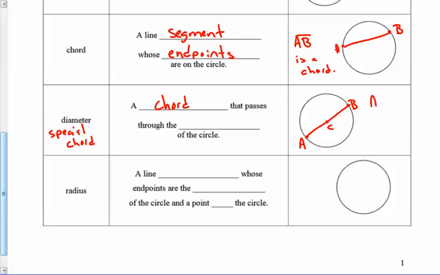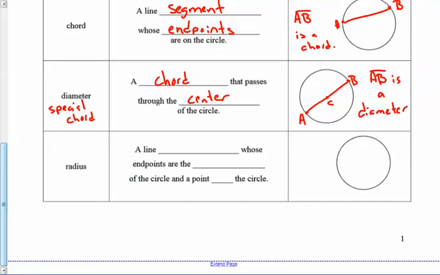So that makes AB a diameter because it goes through the center. A chord that passes through the center of a circle is a diameter.